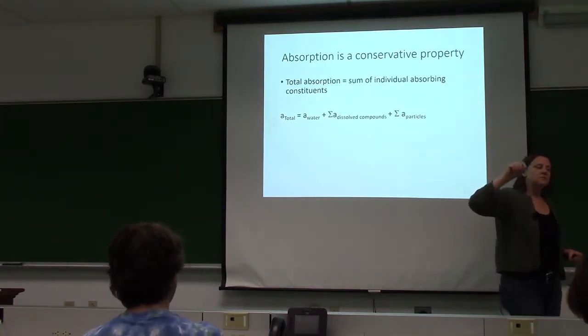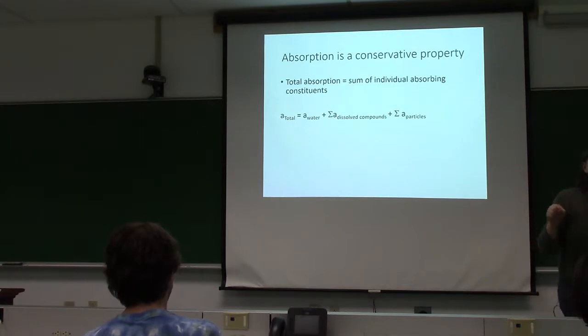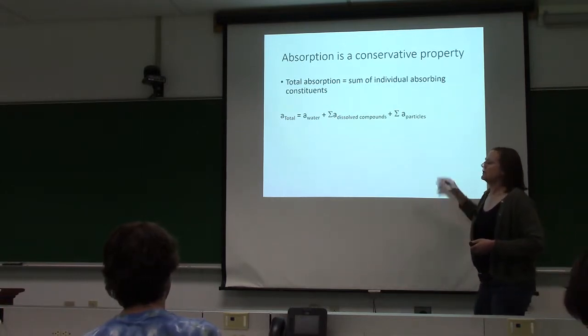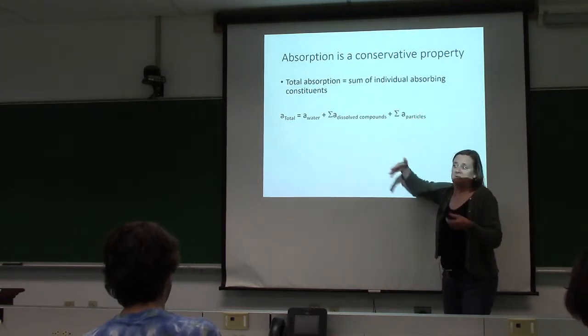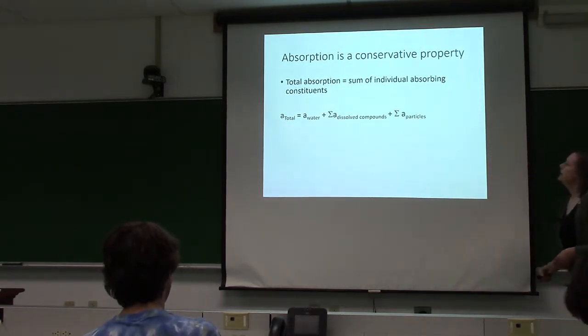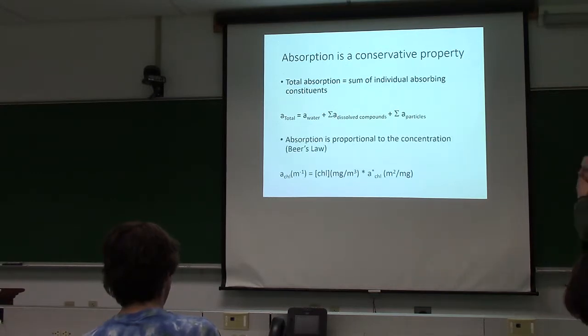You could get the individual absorption spectra of each particle and add up all the particles. Or you could figure out a way to just measure the absorption by all the particles at once. But because it's conservative, we can add it together and get that total, which is really helpful.